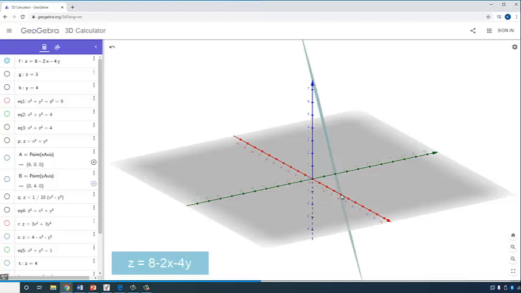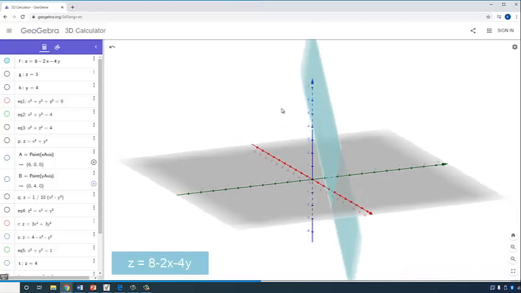Our intersection point is at the point 4, 0, 0. And we intersect along the y-axis at the point 0, 2, 0. And it's not on our chart, but our intersection point along the z-axis would be 0, 0, 8. So there's the plane that we started with.